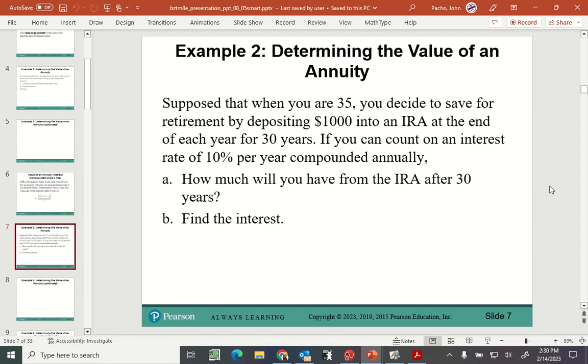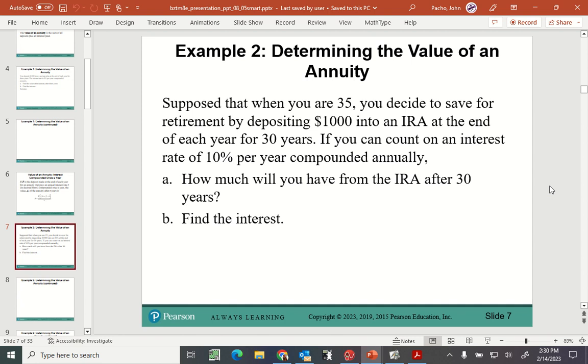My PPY. How many payments per year? One payment per year. CPY, 1. And I make the payment when? At the end of the year. Very good.